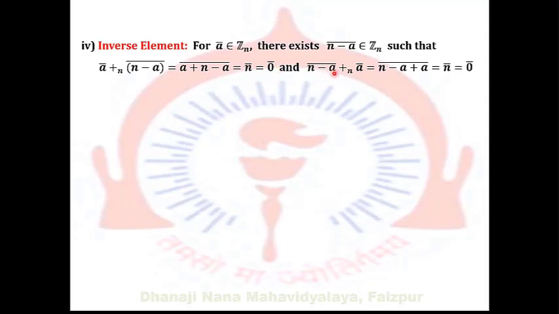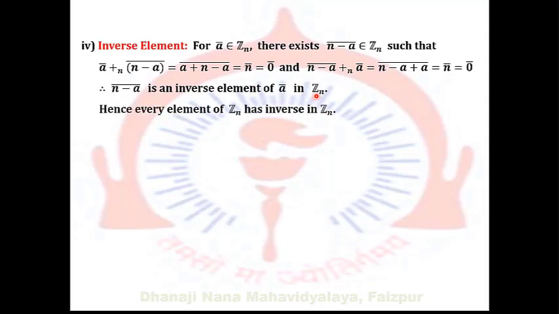Also n minus a bar addition modulo n a bar is nothing but equal to n minus a plus a bar, that is equal to n bar, and which is nothing but equal to 0 bar. So therefore n minus a bar is an inverse of a bar in Zn. Hence every element of Zn has inverse in Zn.